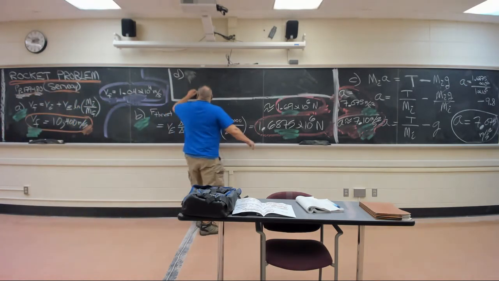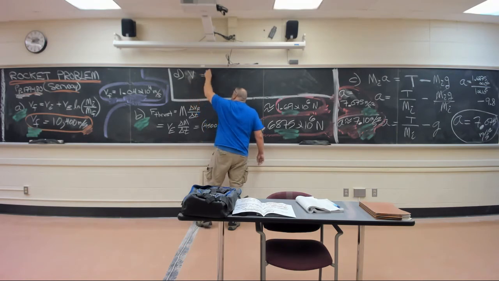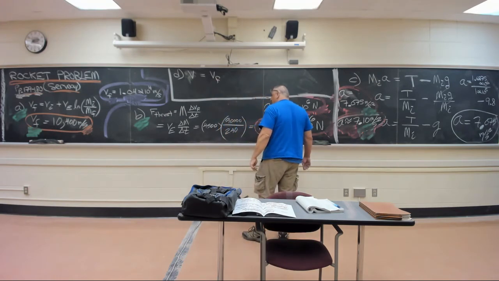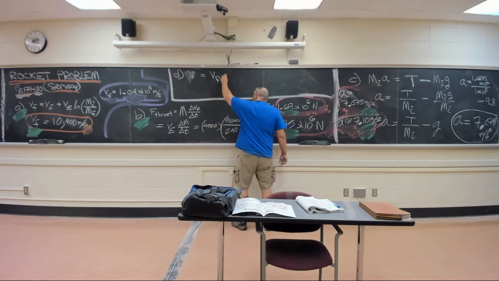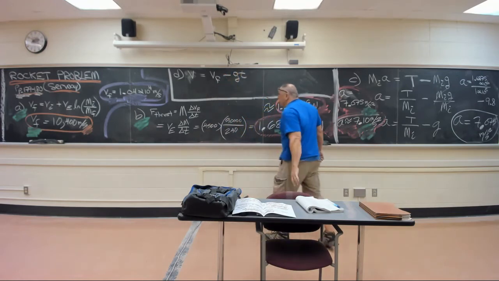Let me call V the V after 240 seconds, but gravity's fighting you. What's the V after 240 seconds with gravity fighting you? What do you say you take VF, which is what it would have been, minus GT.